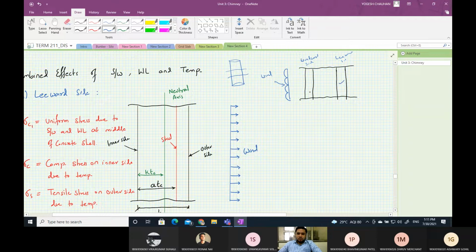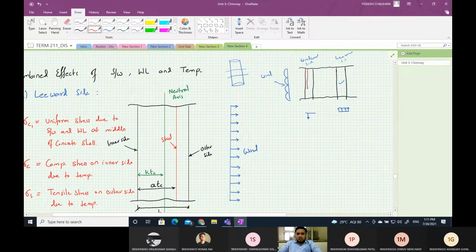Now in the leeward side, you see the stress diagram due to the wind load. This will be under compression. So there will be uniform compression on these walls of the chimney, whereas on this side it will be in tension. And as you know, the concrete will not take tension.